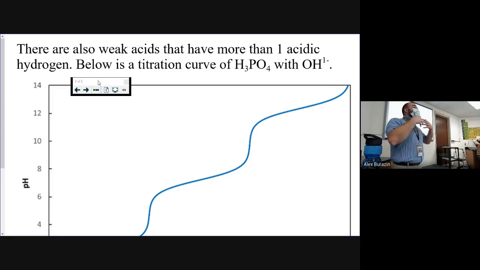We also have triprotic acid. This is called phosphoric acid, H3PO4. If I want to neutralize phosphoric acid, I have to neutralize all 3 of those hydrogens. And the graph turns out kind of looking like this. It's like it's 3 titrations all in one.